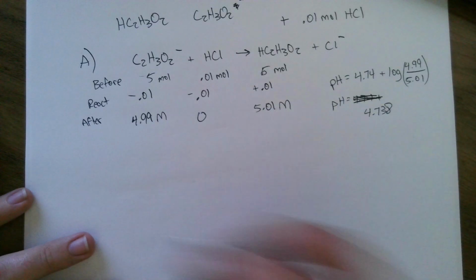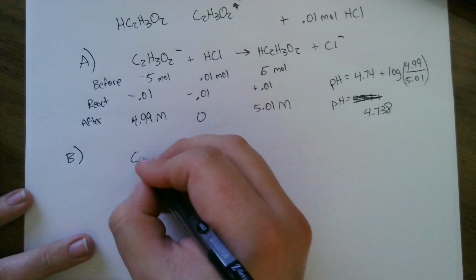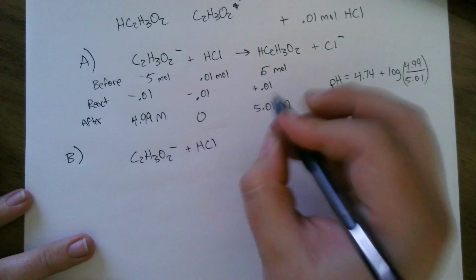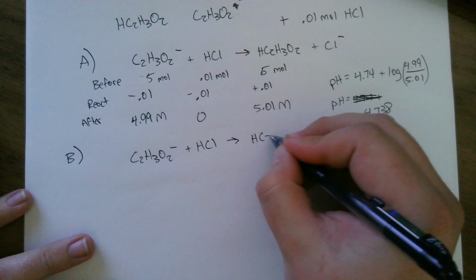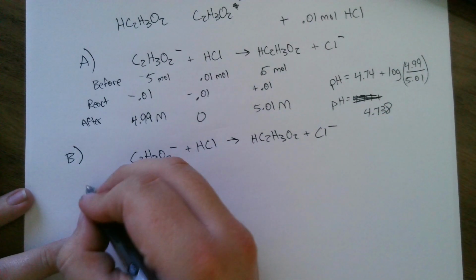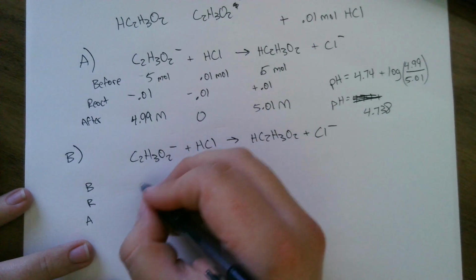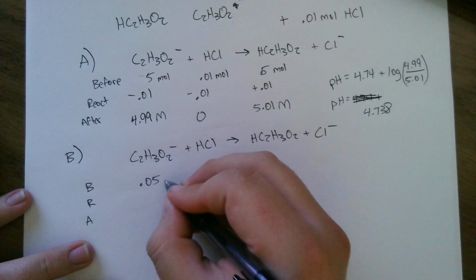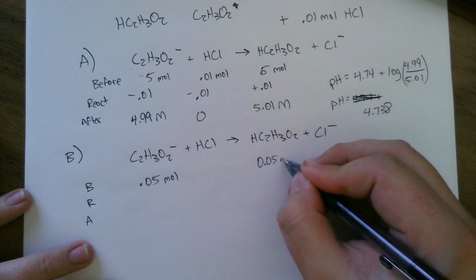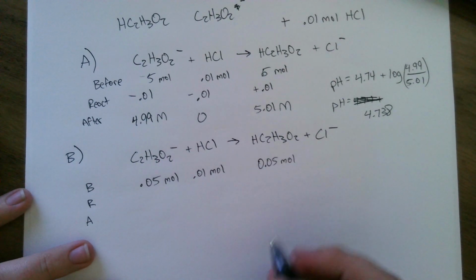Now let's do it with B, where I have less. I have the same reaction going down. C2H3O2 minus reacting with my hydrochloric acid, the same amount of acid. For the reaction after, this time, though, I only started with 0.05 moles of each of these, which means my 0.01 moles of acid seems more significant.